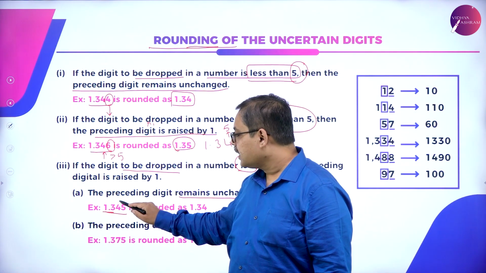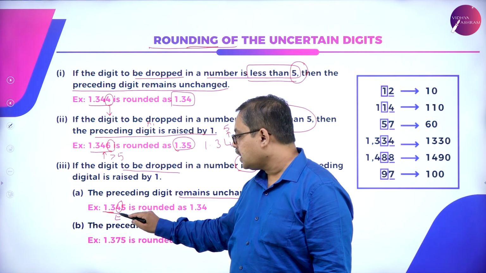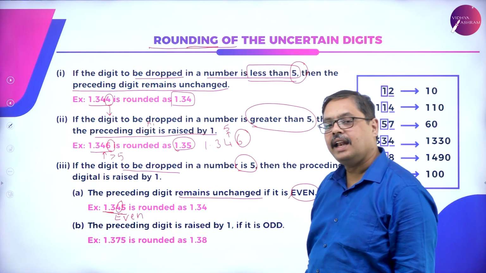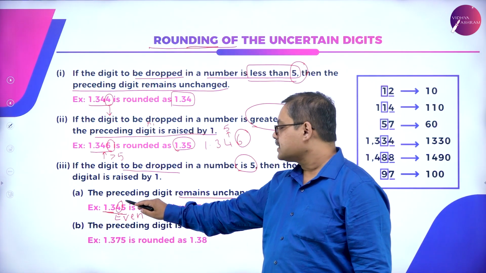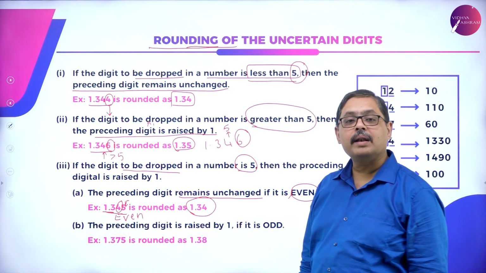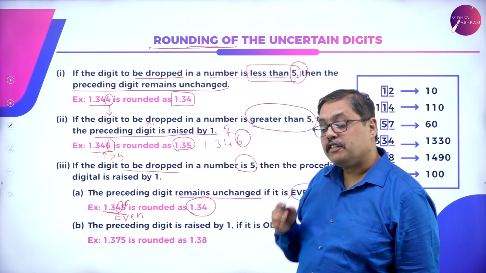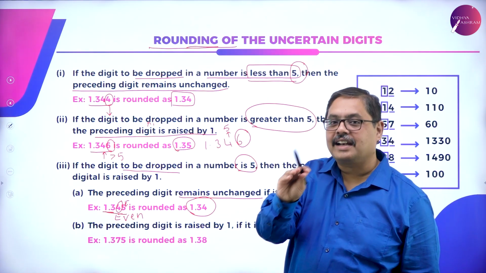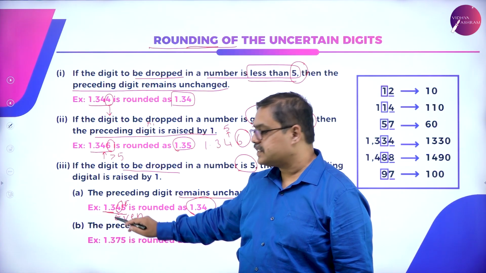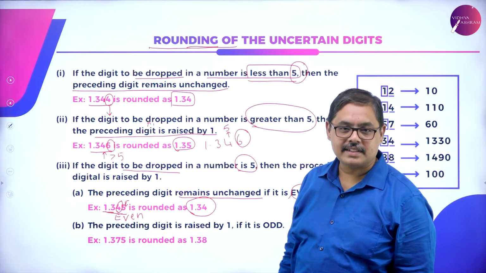In this number, the preceding digit of 5 is 4, which is even. If it is an even number, then I simply drop off the last digit 5, which leaves me with the answer 1.34. Okay? If the number to be dropped is exactly 5, I look at the preceding digit. If it is even, I simply drop off that 5 and take the remaining answer.